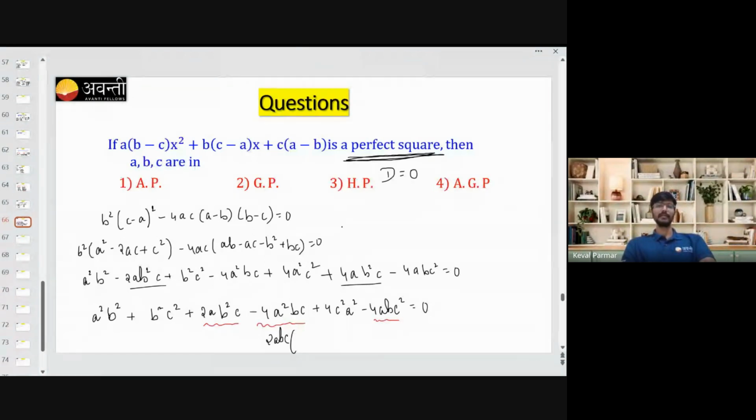So b square minus 4, a minus b, minus c, plus bc. I think, okay, I'll check this question again and let you all know. For now, let us not waste our time doing it.